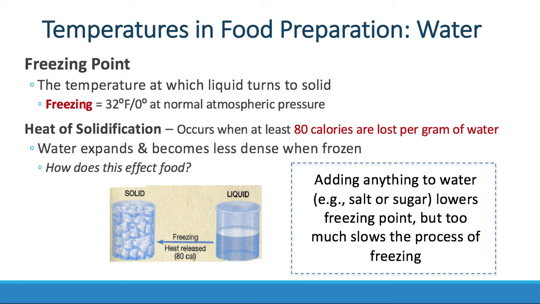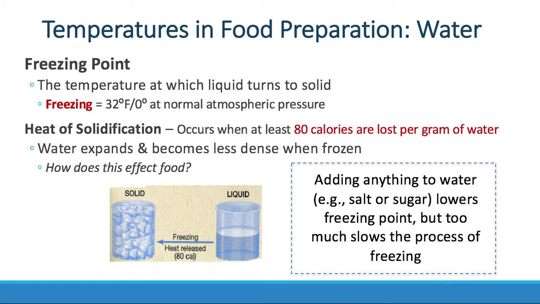This is also going to be important when we're thinking about water within our foods. So we have, as I mentioned, with fruits and vegetables, a high free water content. So water is within the cells and outside of the cells. Well, if water expands as it freezes, in the case of a fruit or a vegetable, it actually can rupture the cell wall of the fruit or vegetable.